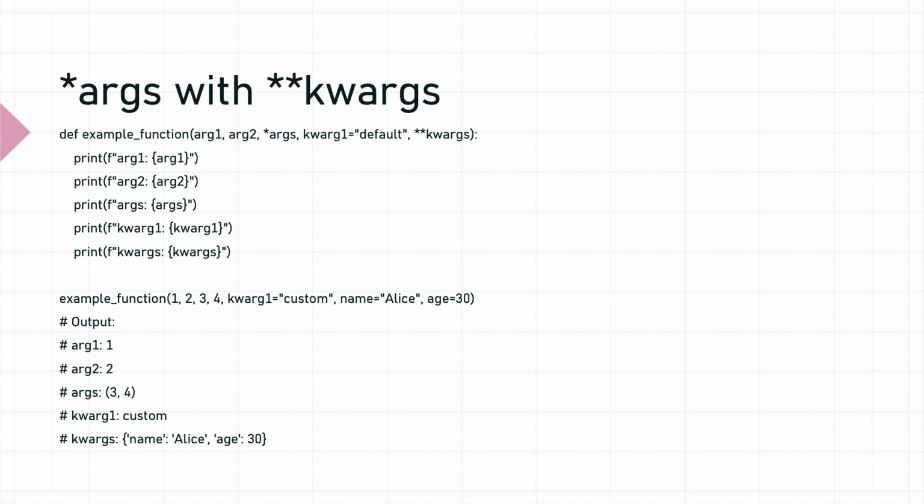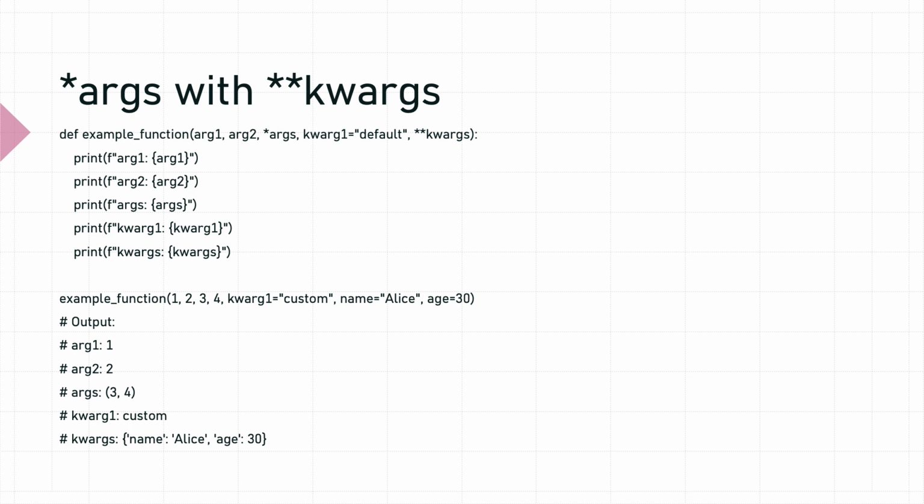Now in the function call, I have arguments with values 1, 2, 3, 4, kwarg1 equals custom, name equals Alice, and age equals 30. This means that arguments 1 and 2 will go to the parameters arg1 and arg2, then arguments 3 and 4 will be used by *args, then argument kwarg1 equals custom will be for the parameter kwarg1, but instead of having the default value, it will have custom.